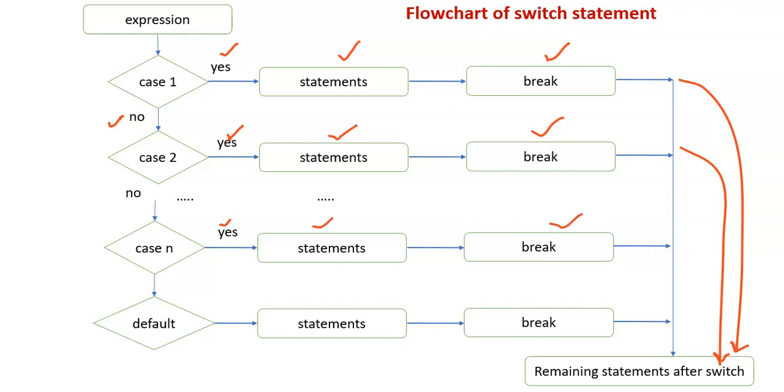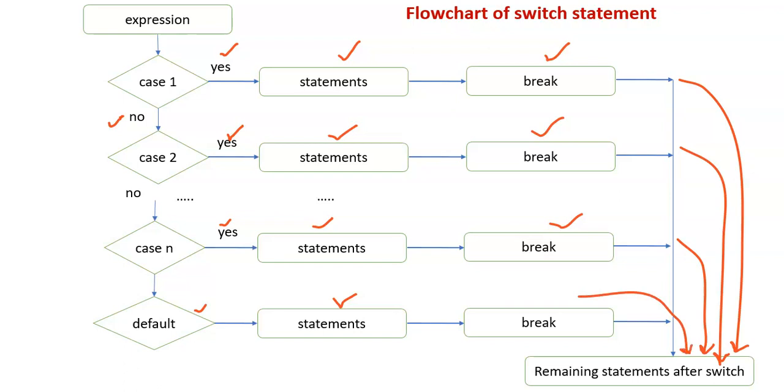Then the break statement takes the program control outside of the switch statement, and the remaining statements are executed. And if no case is matched, then automatically the statements in the default case are executed, and the program control comes out of the switch statement, and the remaining statements after switch are executed.